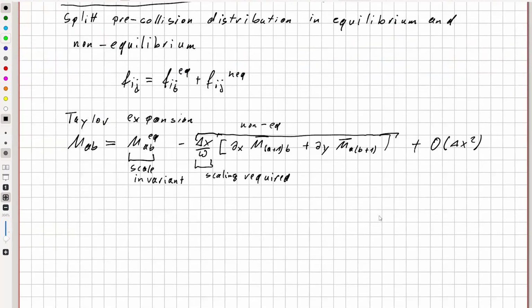And this can be done for the populations itself by Fi.